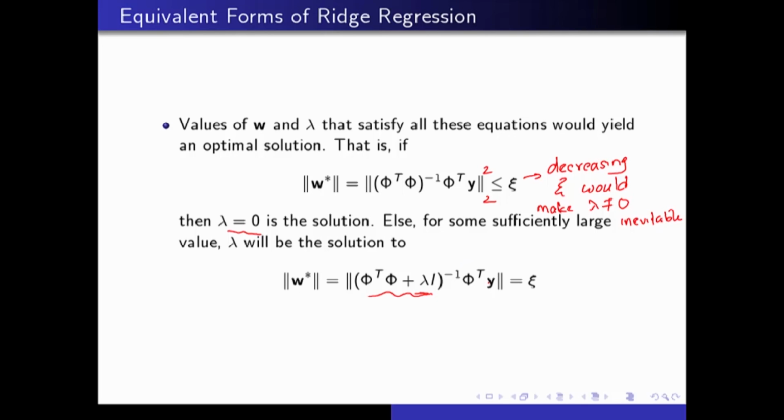This leads to a reduction in the overall norm, because we are ultimately looking at the inverse of this positive definite matrix. So it can be shown that as lambda increases, the norm of W squared shrinks. And therefore, for some specific value of lambda, you're able to meet the inequality constraint with respect to xi.